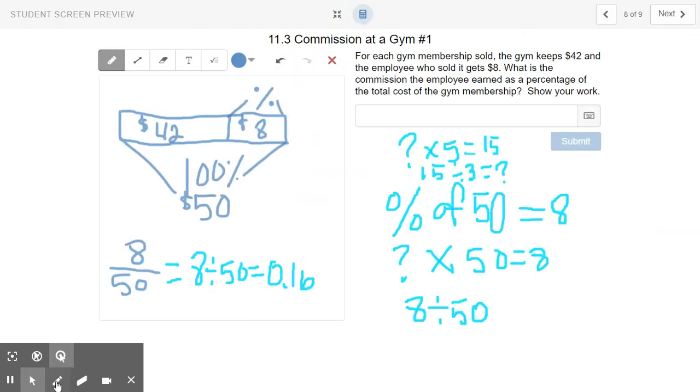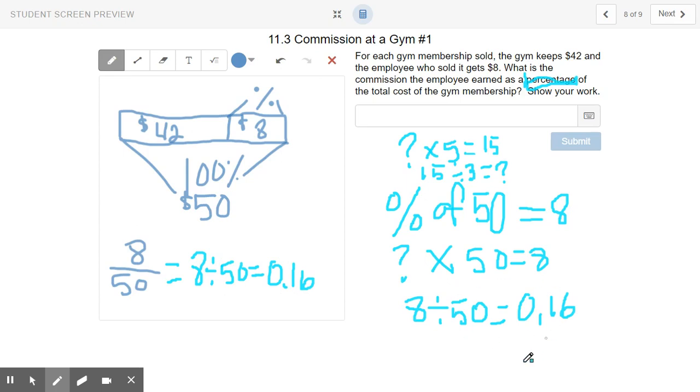Which, again, since we're solving the same problem, this is also 0.16. Now, that's telling us what's the number we multiply by 50 to get 8, right? They want to know what is that as a percentage. Well, this is not the percentage. It's the percentage as a decimal, right? So we have to change this decimal to a percent.